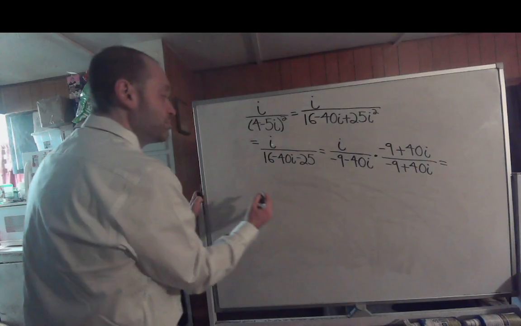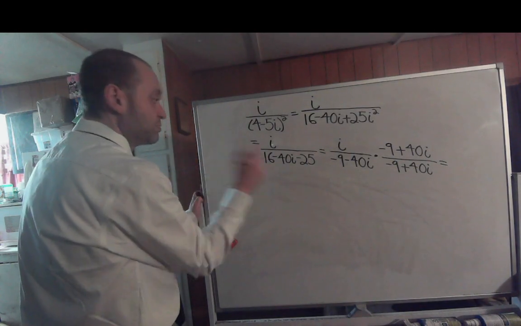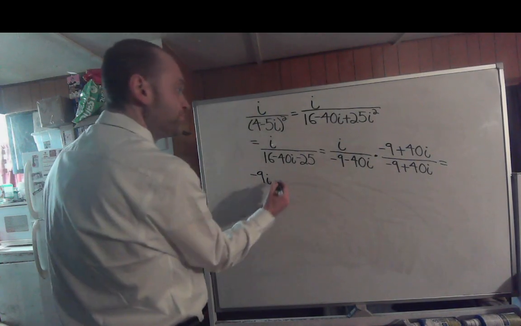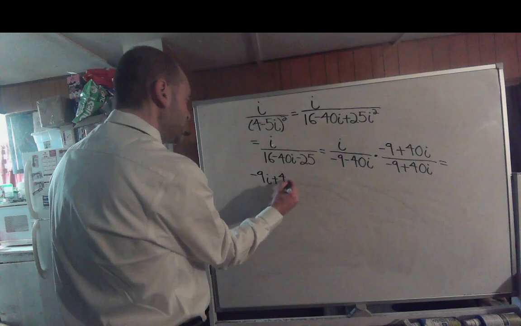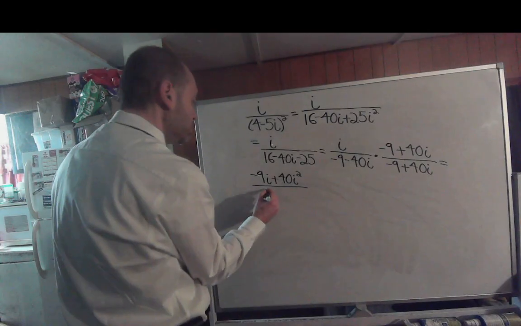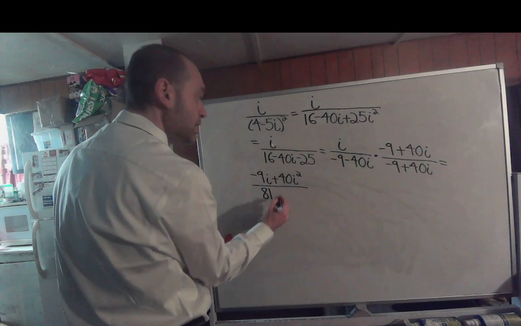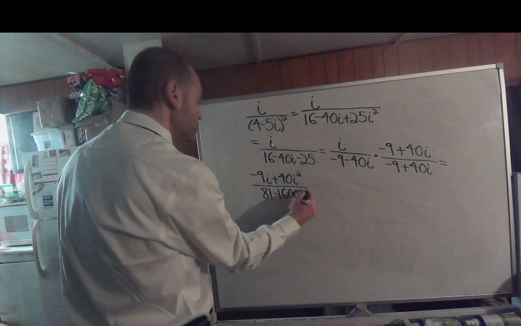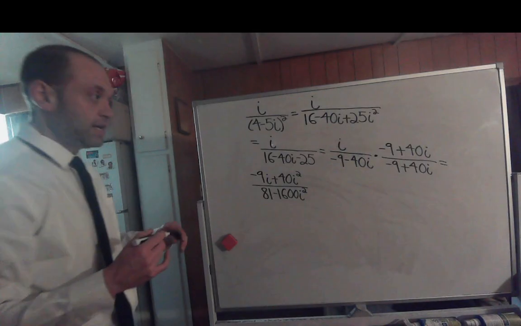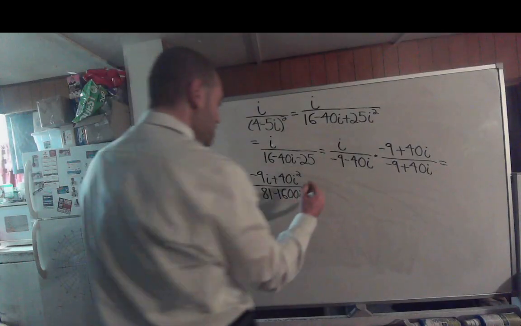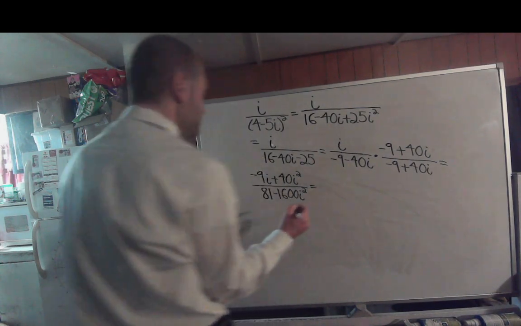So this would end up becoming, if you simplify the numerator, negative 9i plus 40i squared all over 81 minus 1600 i squared. That looks pretty hideous. Well, what's this going to turn into?